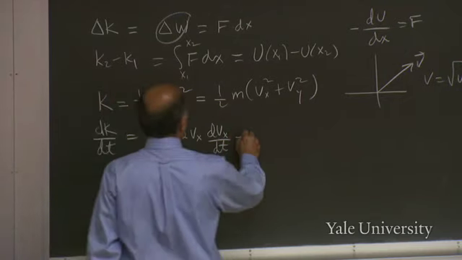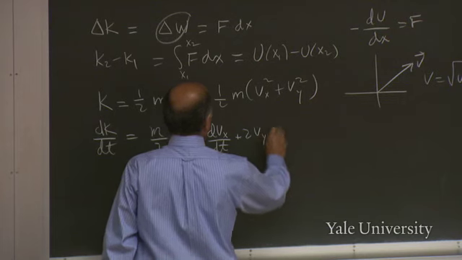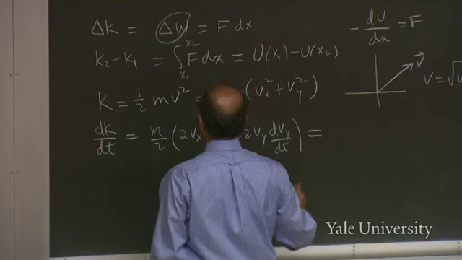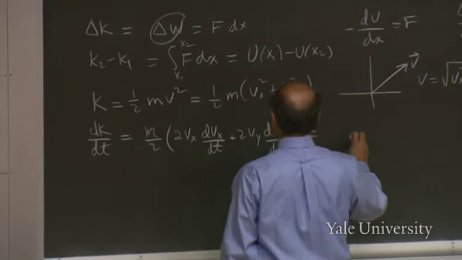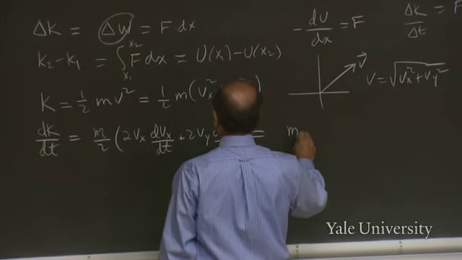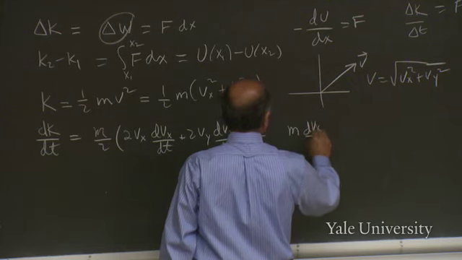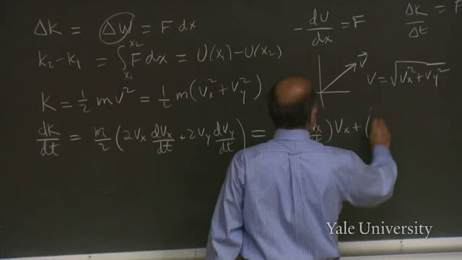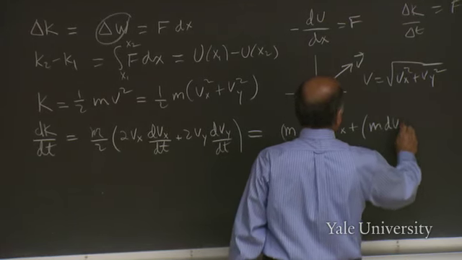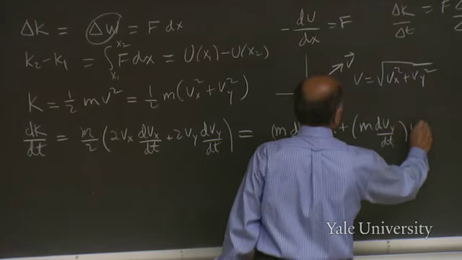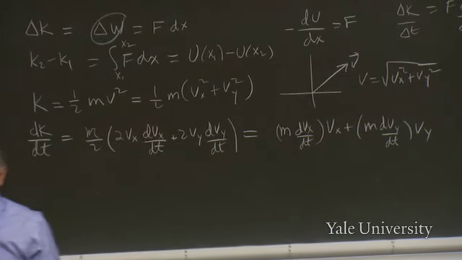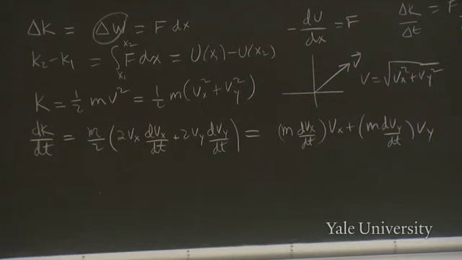You do the same thing for the second term, 2vy dvy/dt, and the 2's cancel, giving me m dvx/dt times vx plus m dvy/dt times vy. This is the rate at which the kinetic energy of a body is changing.